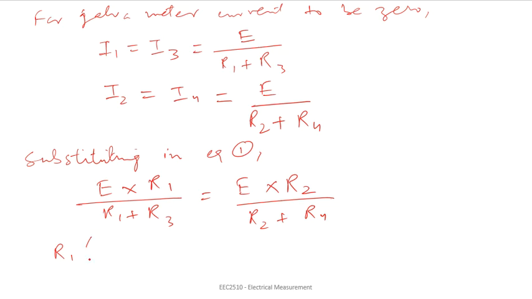So it will be R1 multiplied by R2 plus R4 and R2 multiplied by R1 plus R3.